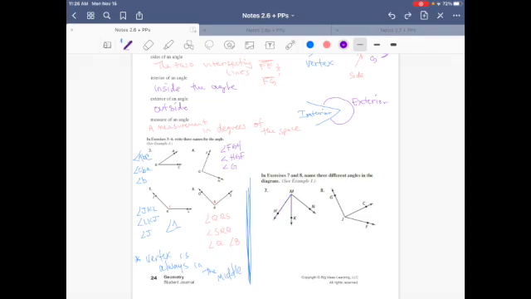So we're going to call that angle HMK. I see another one, this one, from K to M to N. And that's going to be KMN. And then we have this big angle from H to M to N. HMN. With M always in the middle because that's our vertex.